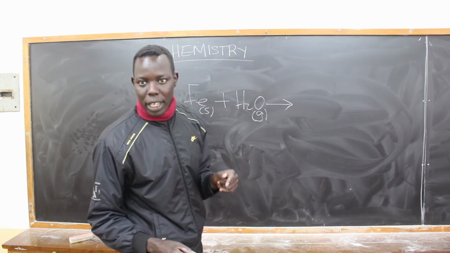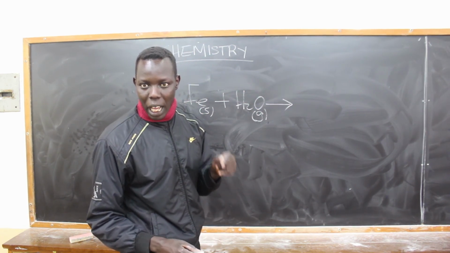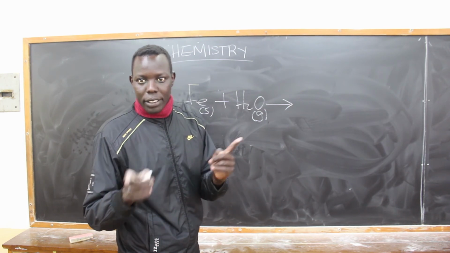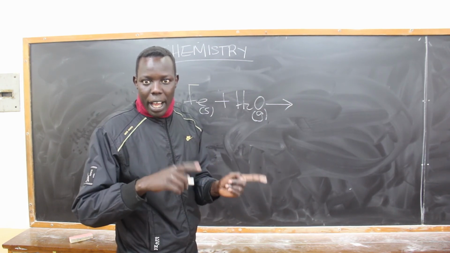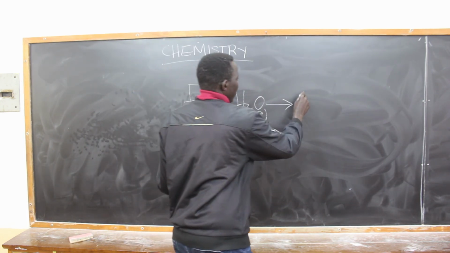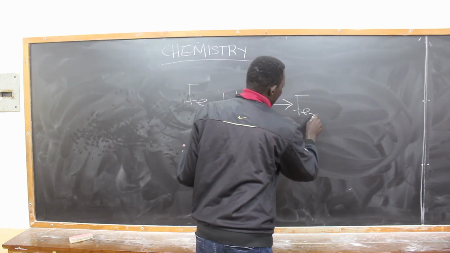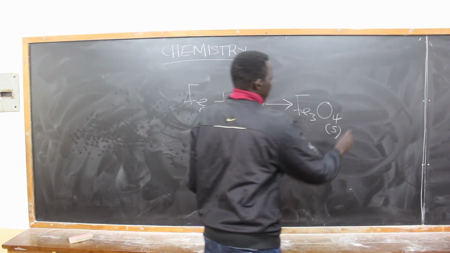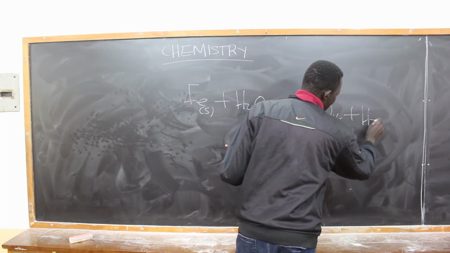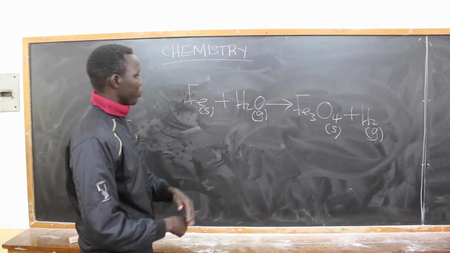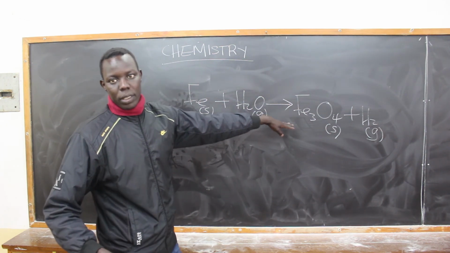There is something called tri-iron tetra oxide. Tri for 3, tetra for 4. So 3 irons, 4 oxygen atoms. Plus hydrogen gas. As simple as that. This is what is called tri-iron tetroxide.